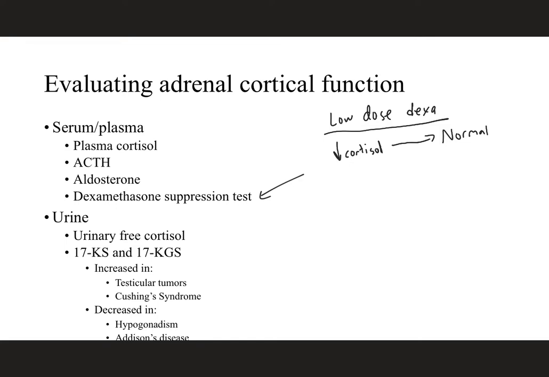However, if we have normal or even high cortisol, that is not normal. Because if we're suppressing ACTH and we're still making cortisol, or enough to make it normal or even high, this kind of points us in the direction of Cushing's syndrome.